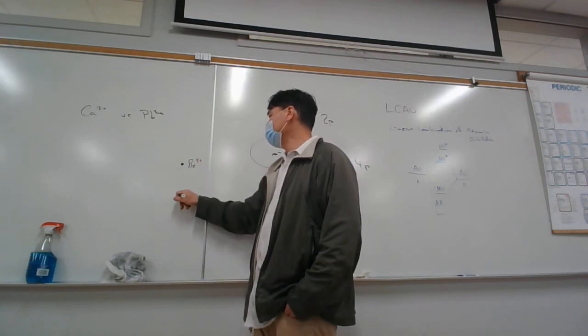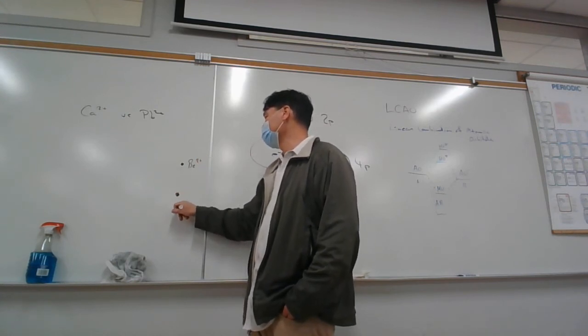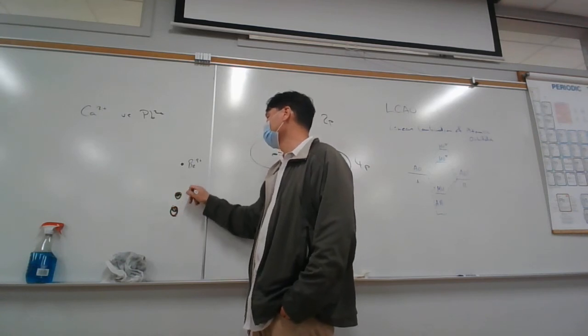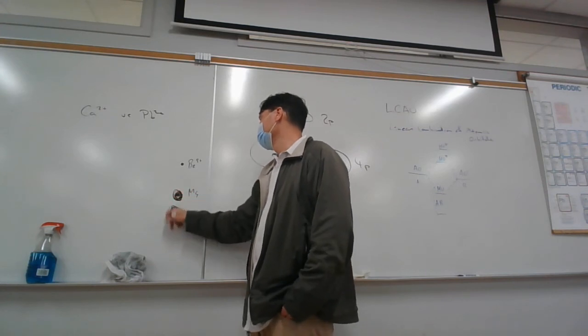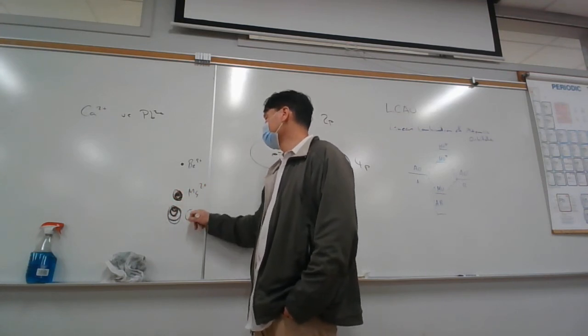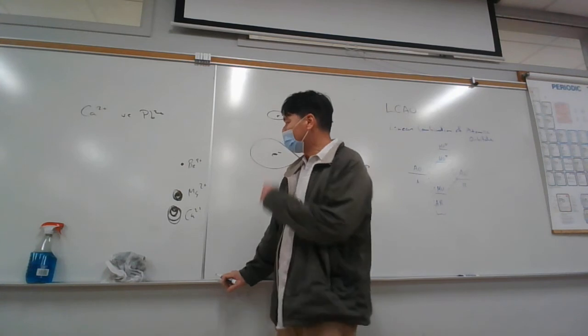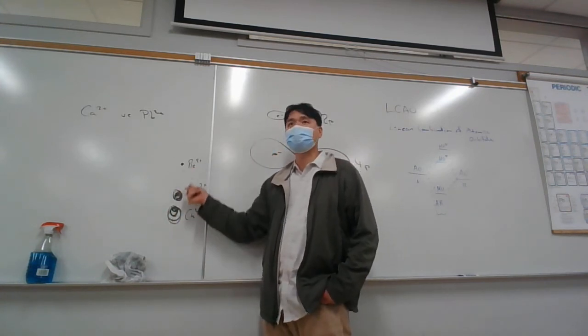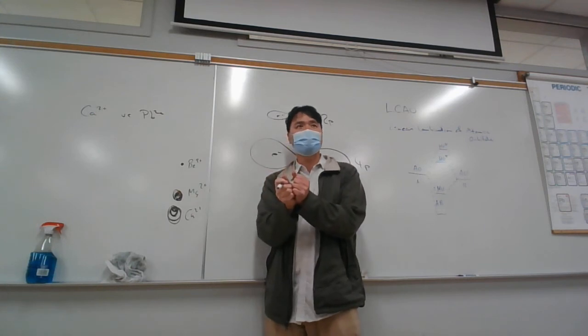We need magnesium ions and calcium ions in our bodies. Magnesium ions and calcium ions are a lot bigger. Actually, beryllium is even tinier, so I should make this bigger. Magnesium 2+ and calcium 2+. What happens is the beryllium knocks out the magnesium, knocks out the calcium, substitutes for it, and binds so tightly it doesn't let go.